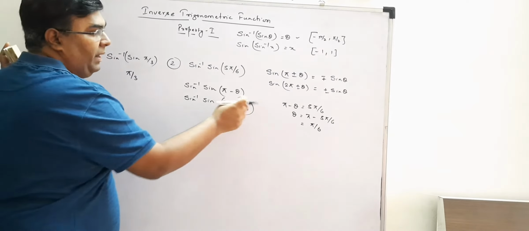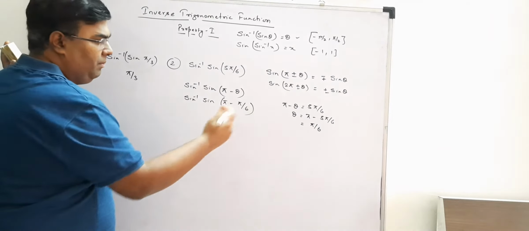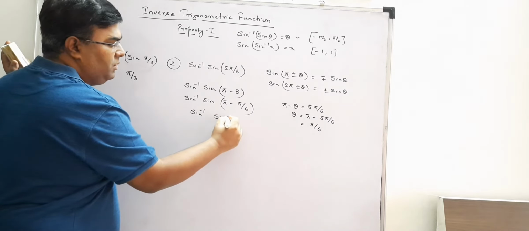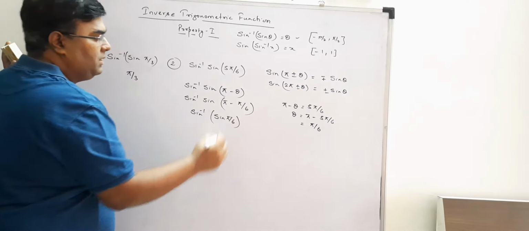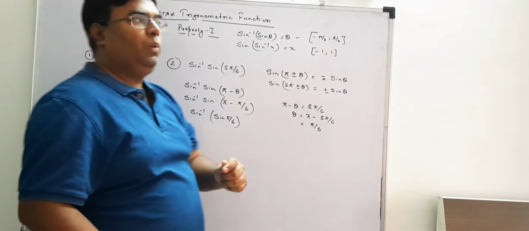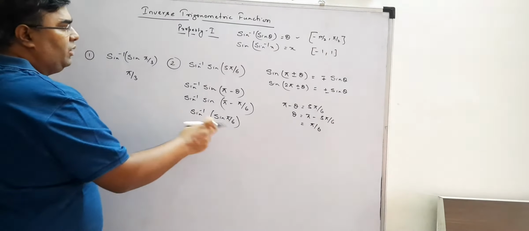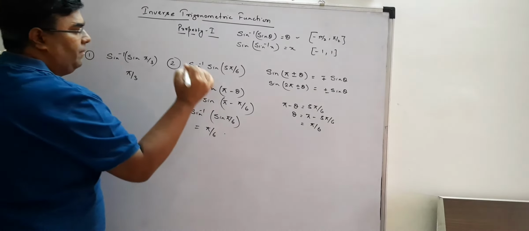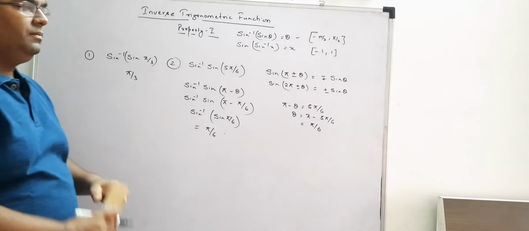Sine of pi minus pi by 6 is plus sine, so sine inverse of simply sine pi by 6. Now this pi by 6 is in the range of minus pi by 2 and pi by 2. So we can use the direct formula and the answer will be pi by 6. Correct?